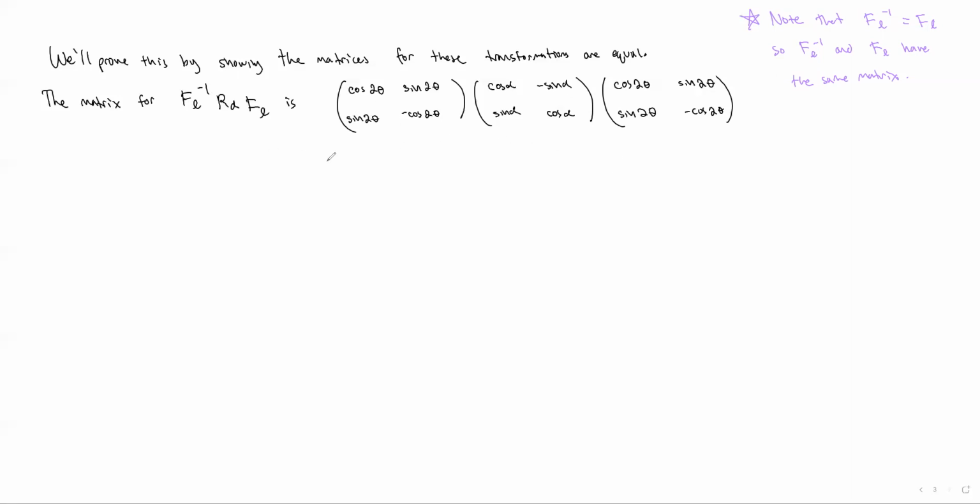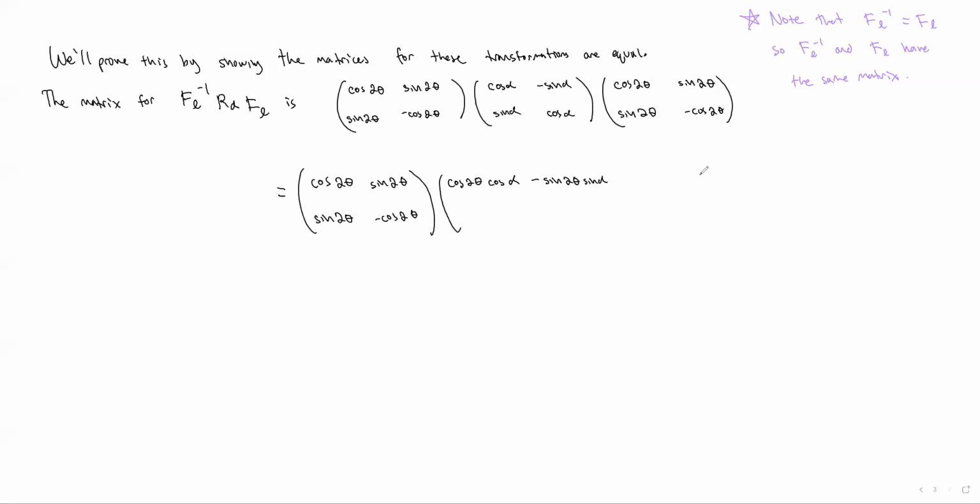And then what does this equal? I'll just multiply it out step by step. So I'll keep the first factor and then multiply the two factors on the right. So I'll get cos 2 theta cos alpha minus sine 2 theta sine alpha.